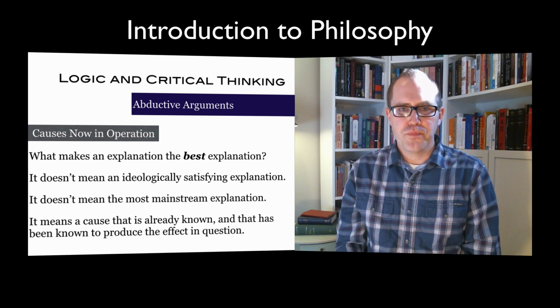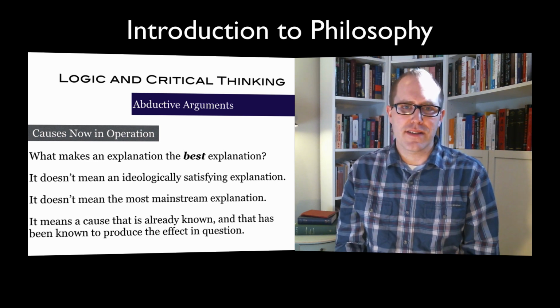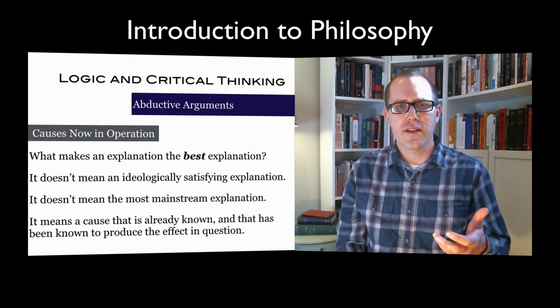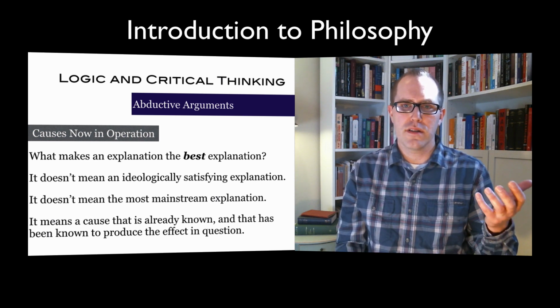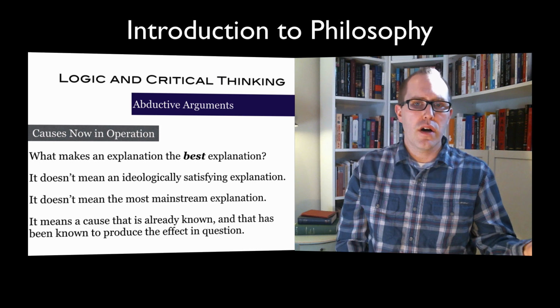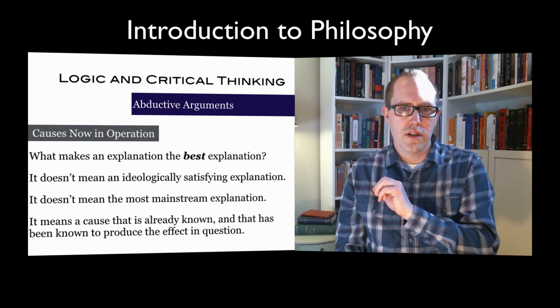One way that logicians think about this is they try to find causes that are now in operation. What causes can we think of right now that are known to create the effect in question?